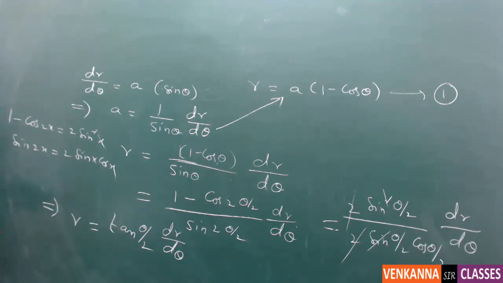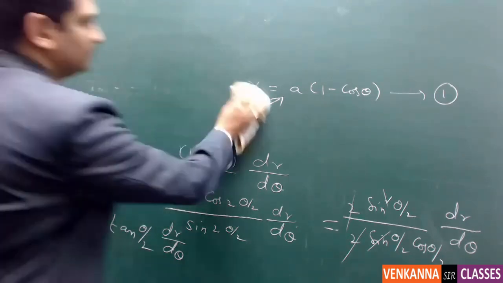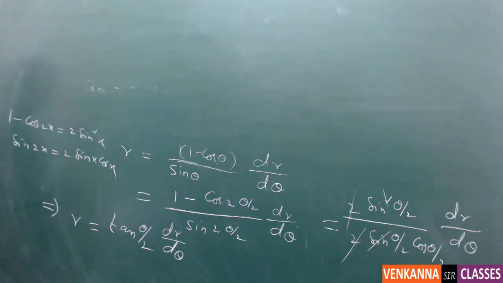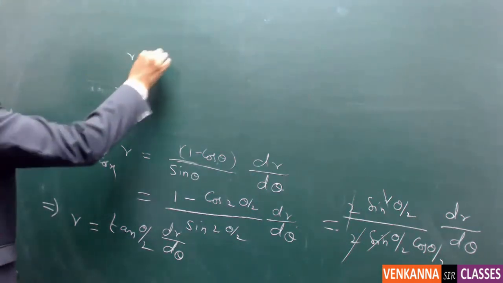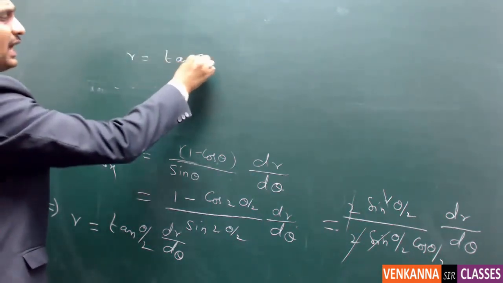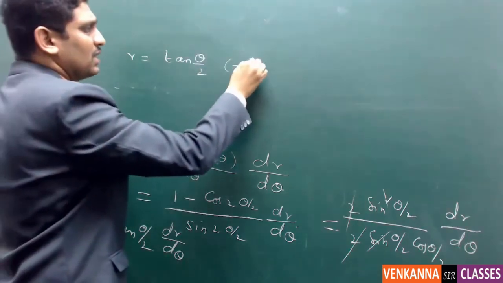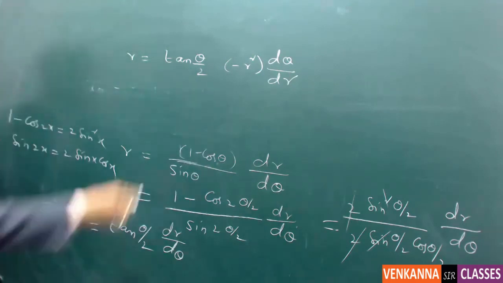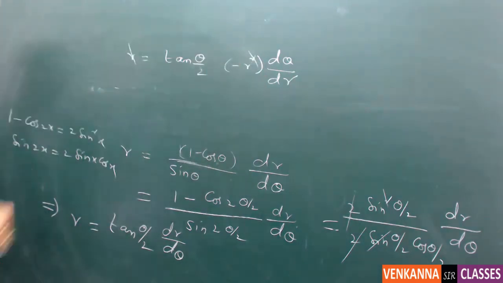Now we go for the replacement to get the orthogonal trajectory. If you replace, r is equal to tan theta by 2 into minus r square d theta by dr, one r gets cancelled. So we have to do the variable separable.